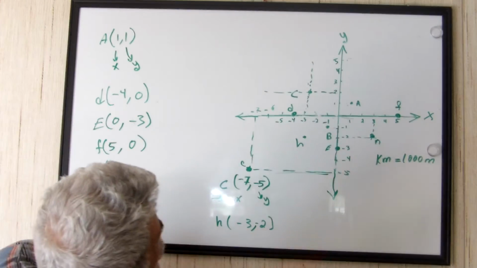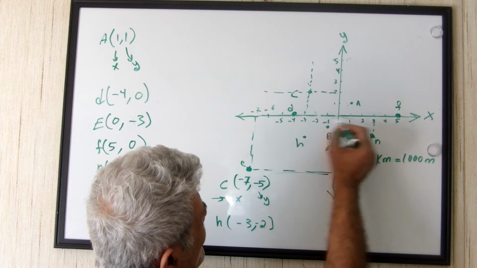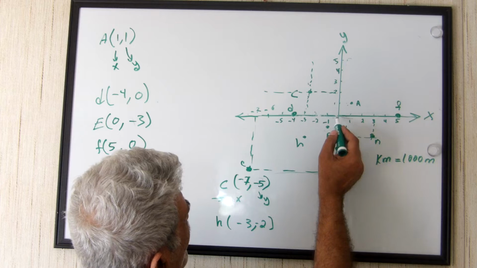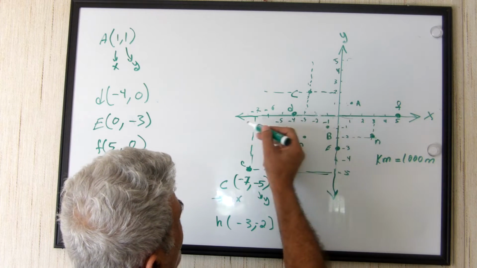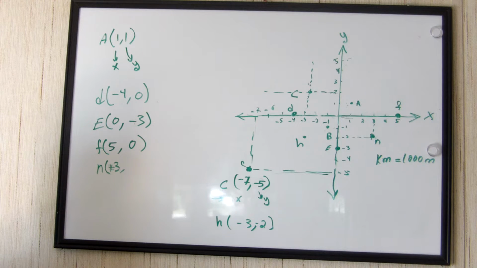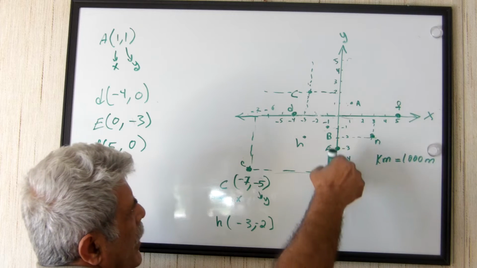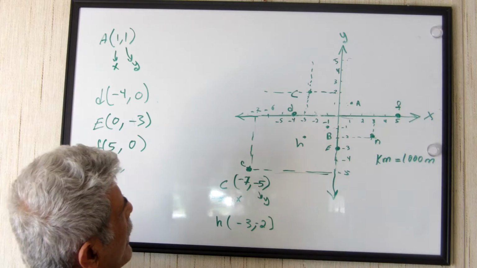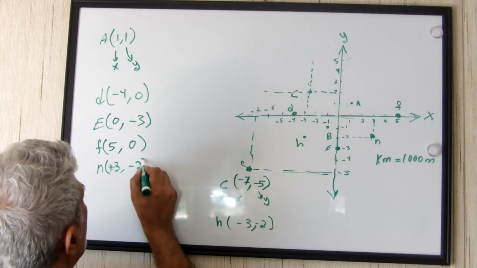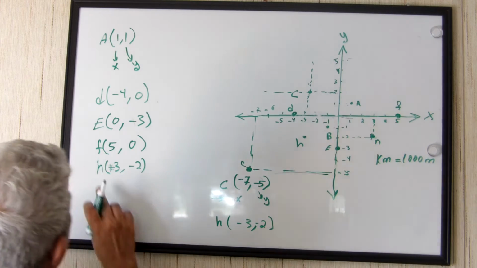So +3 and -2. If the point is below the x-axis, y is negative. So this is how you find N: +3 and -2.